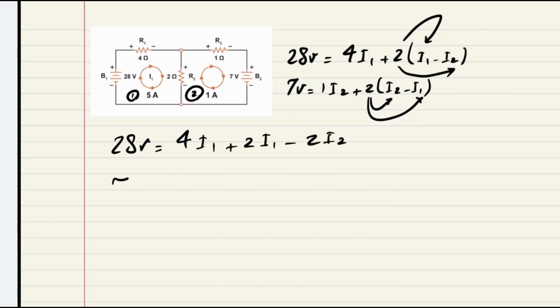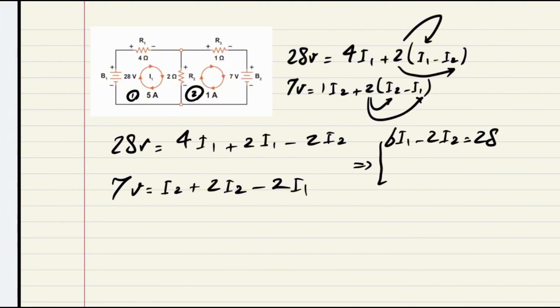Then I have 7 volts equals I2 plus 2 I2 subtracted by 2 I1. If you rearrange that, you have 6 I1 subtracted by 2 I2 equals 28. Then you have 3 I2 subtracted by 2 I1 equals 7, right?